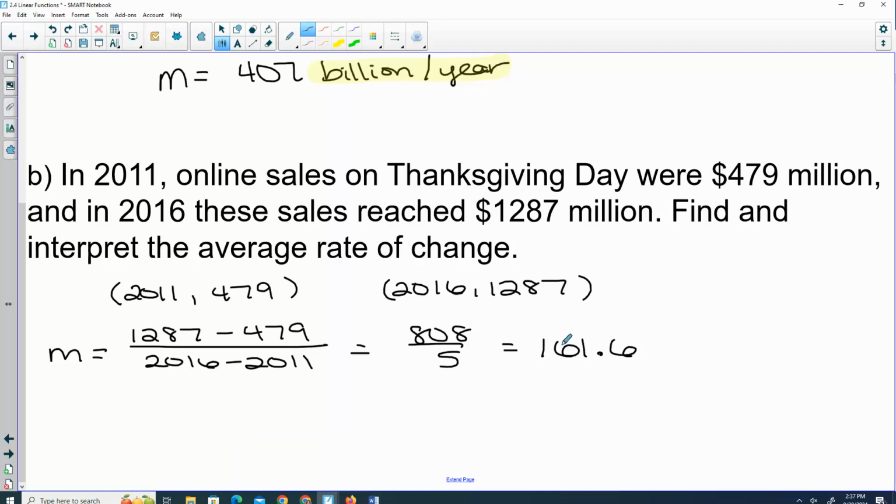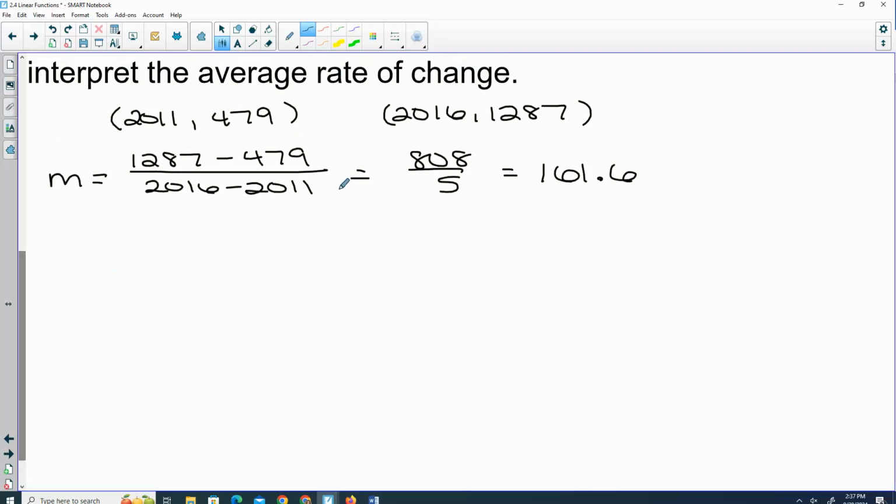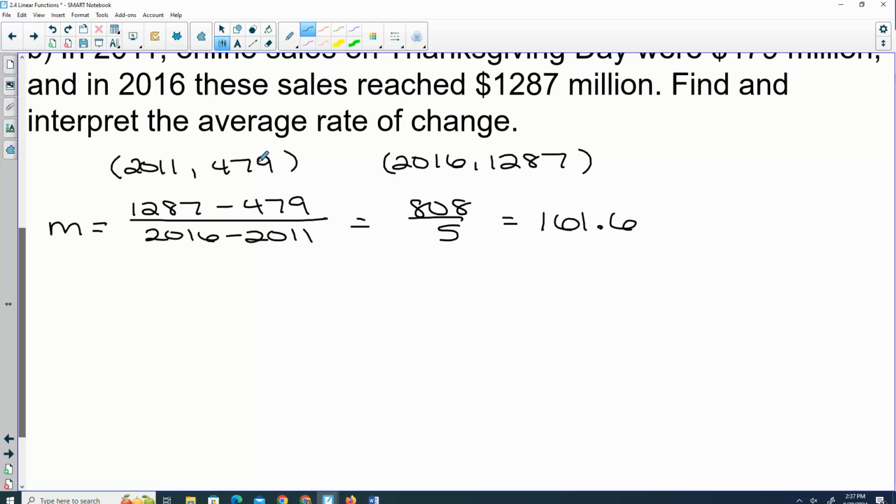You guys get 161.6? What would our units be here? If we look back, the 1,287 and the 479, what were those? $1 million, right? Okay, 2016, 2011, what are those?